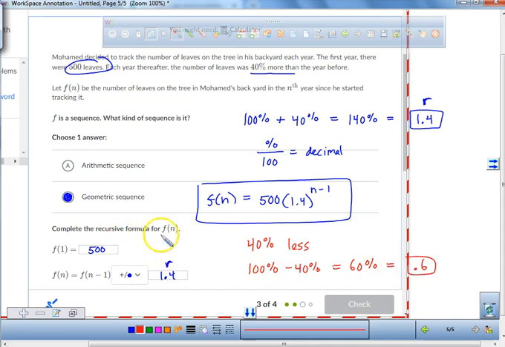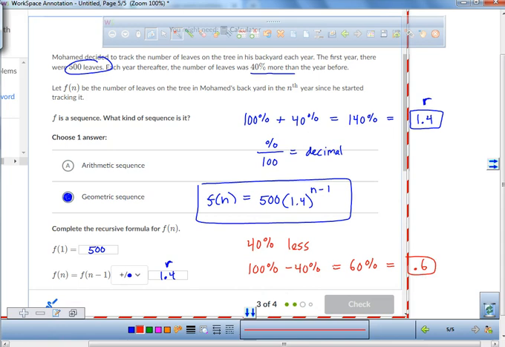So if it was less than every single year, then this number would change from a 1.4 to a 0.6. And here I'd still say multiply, but I would change 1.4 to 0.6. And that would be your answer.